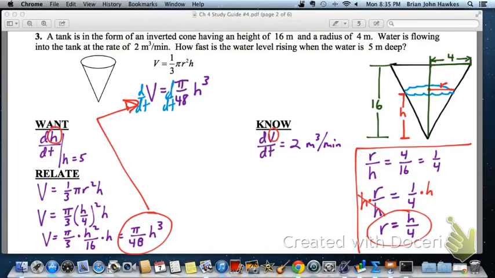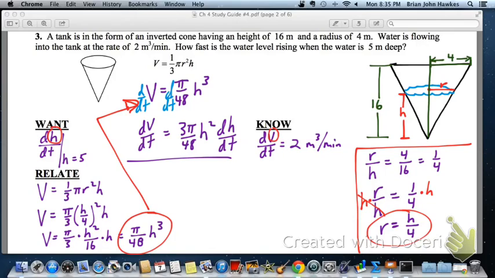And so on the left side we're going to get our dV/dt equaling on the right side 3 pi over 48, so 3 times that constant out there, multiplied by h squared, but don't forget to multiply that by dh/dt. Okay, so we do want our dh/dt at the precise moment when h is equal to 5.